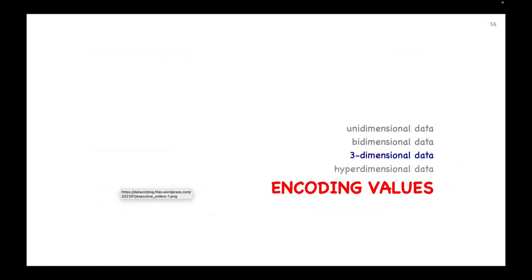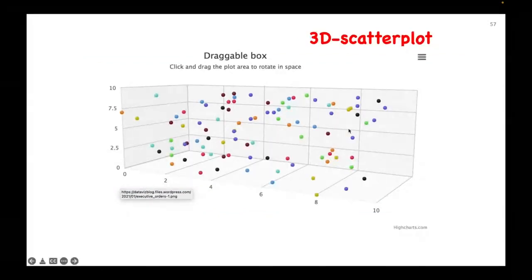Okay, so three-dimensional data. Here we have a three-dimensional scatter plot. This is so you can do them, and you will notice this is a Highcharts chart. That's fine, and you can rotate it and you can do all sorts of things with it. Click and drag the plot.